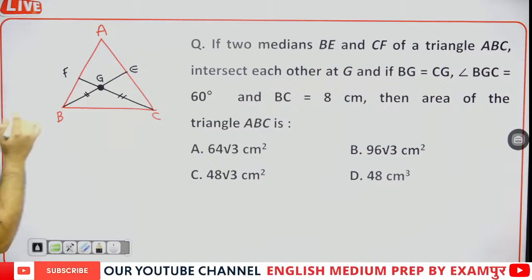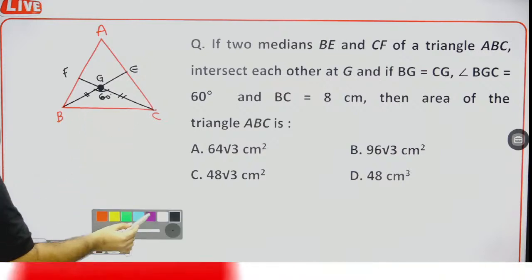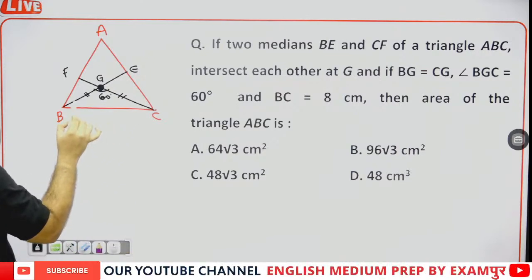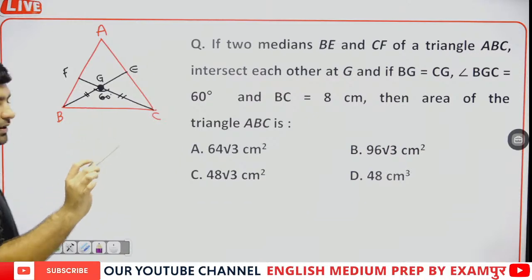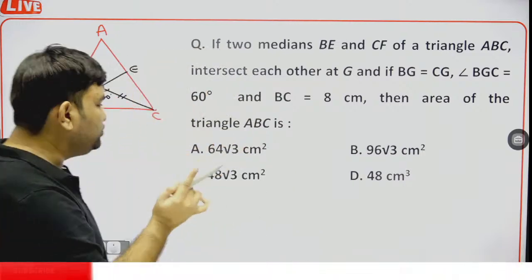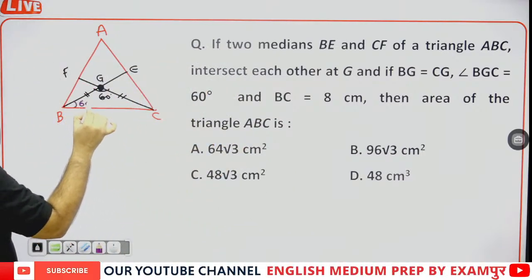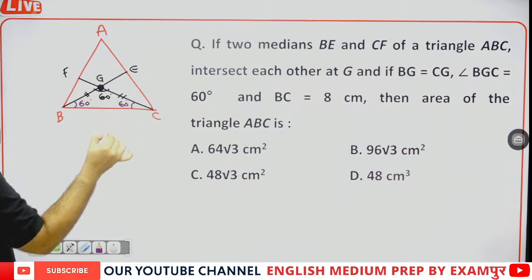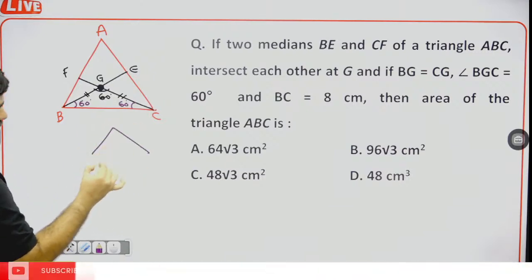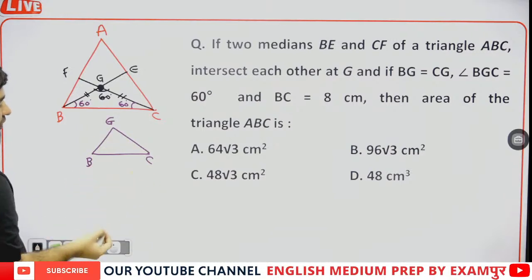And angle BGC is 60. If this is 60, the remaining is 120, and these two sides are equal, so divide 120 into two equal parts, 60 each. So basically BGC is an equilateral triangle.